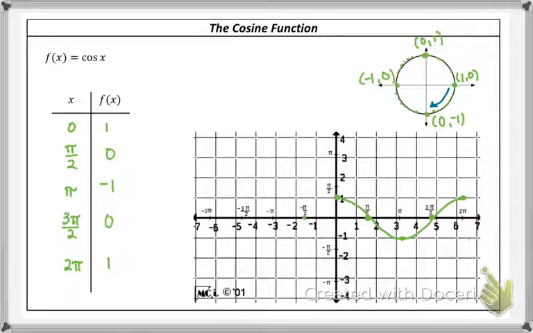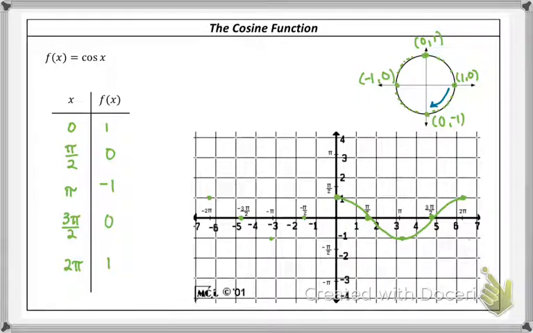And if I take the cosine of negative pi, x-coordinate is at -1, cosine of negative 3 pi over 2, x-coordinate is back at 0, and cosine of negative 2 pi, so one full circle in the clockwise direction, cosine is going to be at 1.